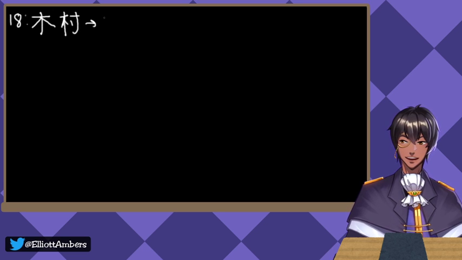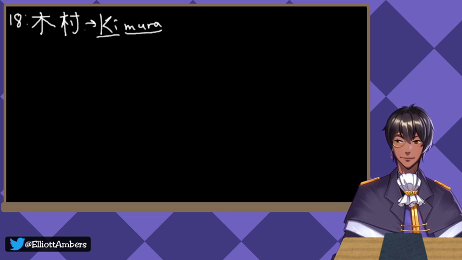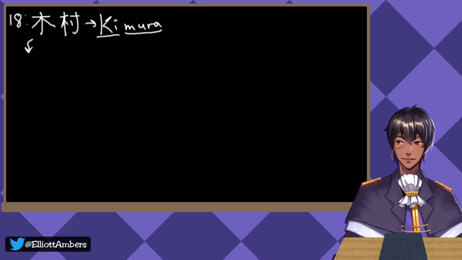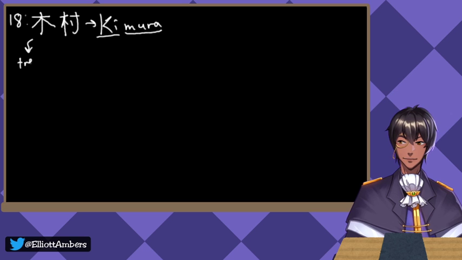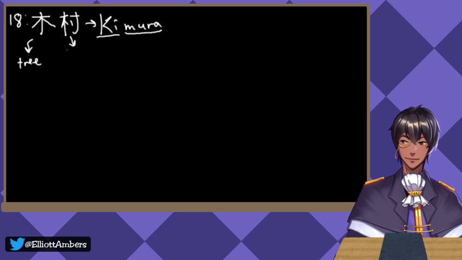And this is Kimura. Actually, I'm going to underline it so we can see exactly how the kanji breaks apart. So Kimura means Ki, or Moku, that's tree. Mura, as we know, means village.